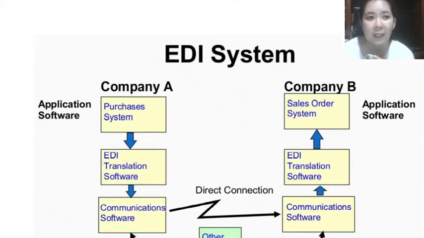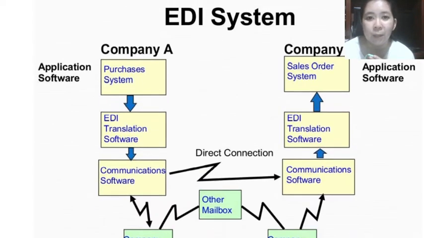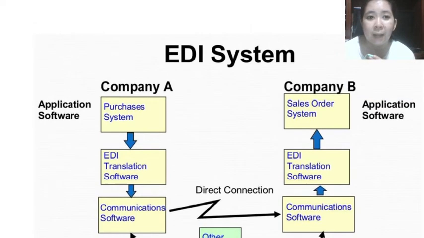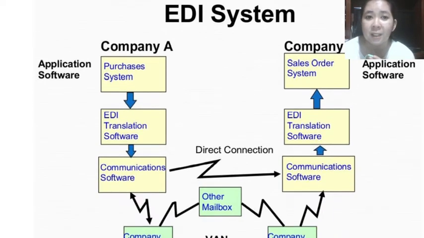So we have here the EDI system. So for example, company A, in their application software, there is a purchase system, and then it will be translated by translation software, and there will also be communication software. So they will have the direct connection with company B, which is our seller.